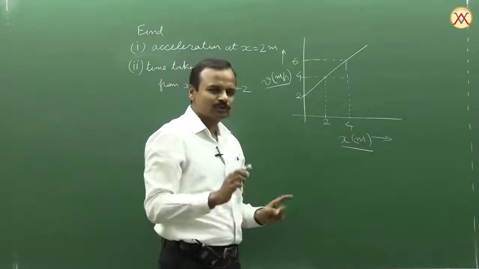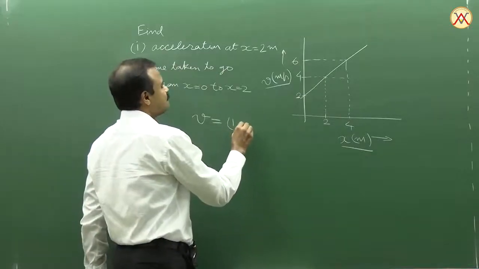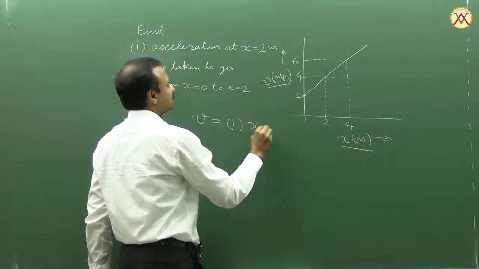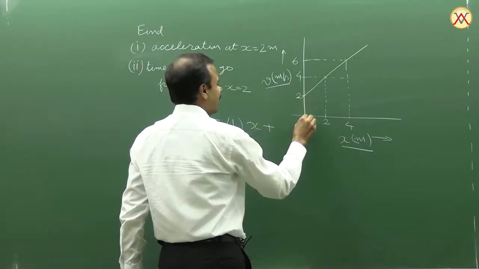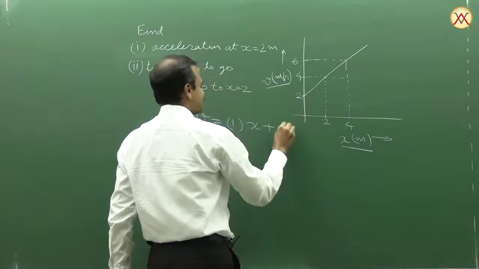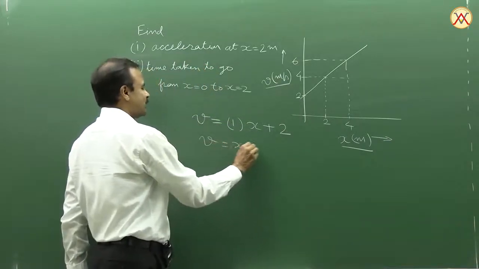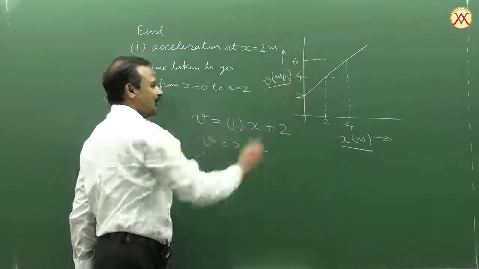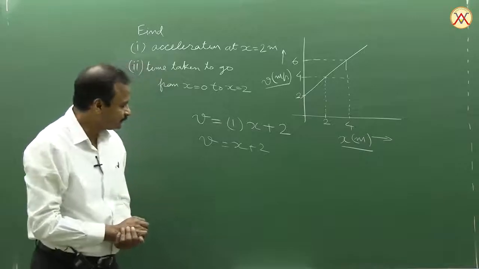So that gives you slope of 1. So it is 1 times x plus c, and c is your y-intercept, which you can see is 2. So v is equal to x plus 2. This is the equation of this line, or the velocity position relation.